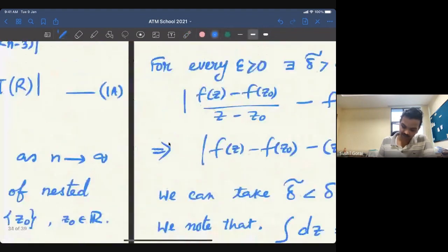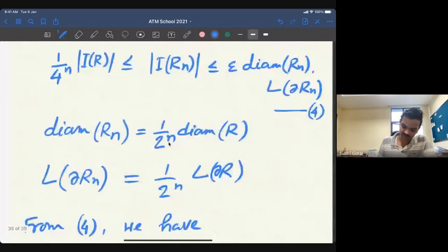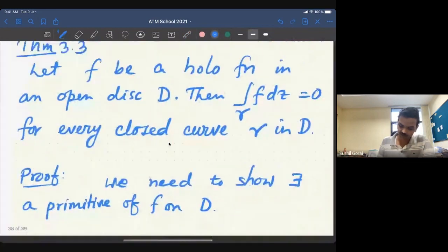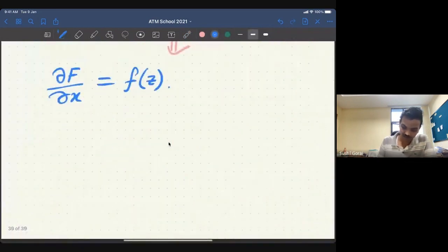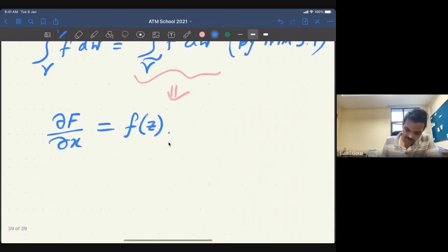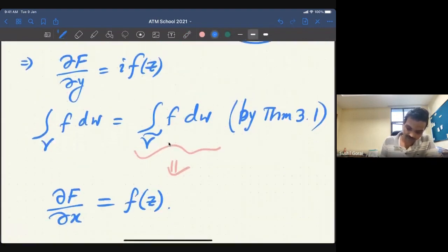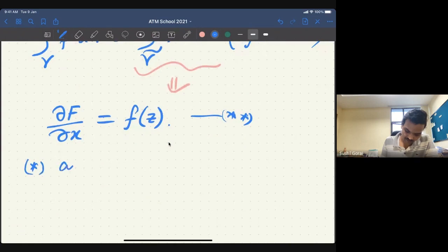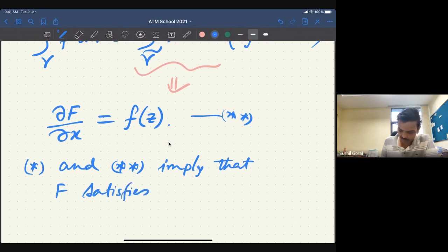And this would imply that this two implies f satisfies the Cauchy-Riemann equation. So maybe we call it star and double star, and star and double star imply that f satisfies the CR equations.